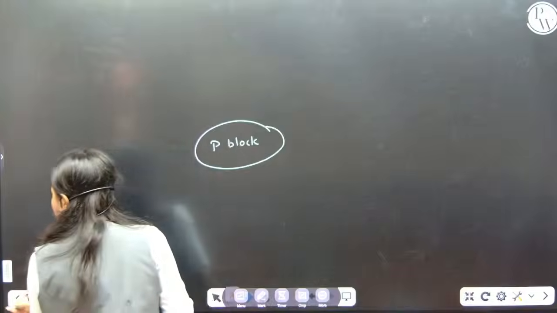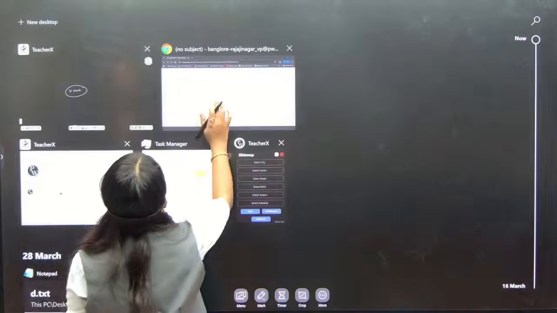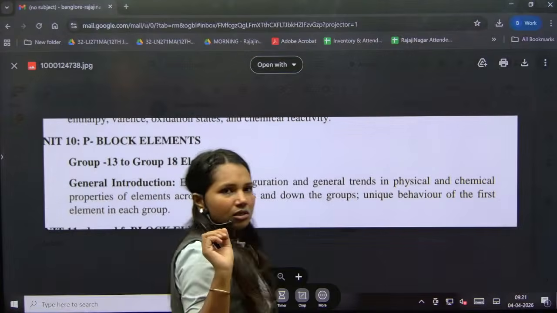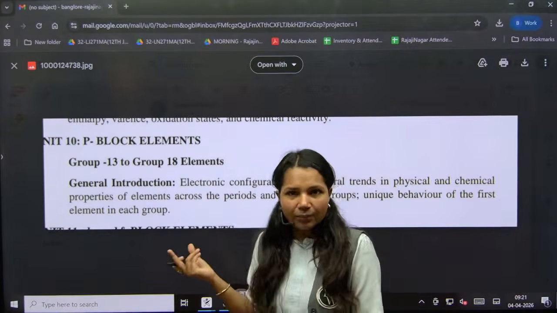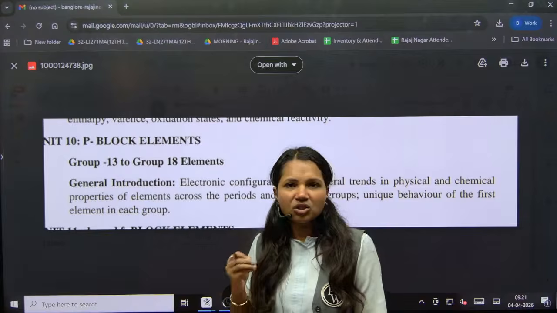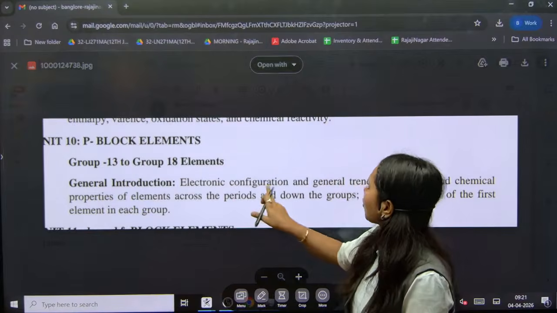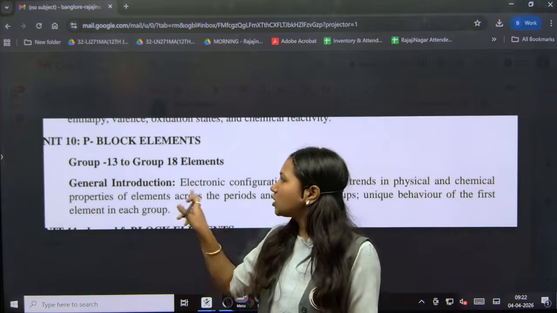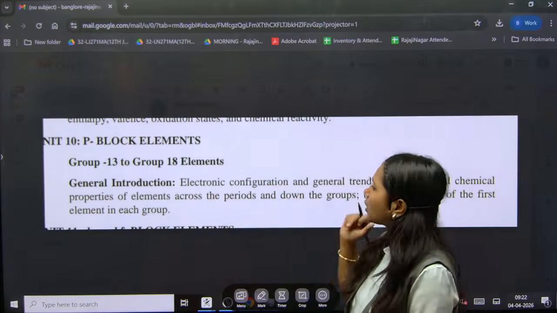So just have a look here. This is the portion. Let's understand the portion, then we can start the revision of this chapter. Electronic configuration and general trends in physical and chemical properties of the elements across the periods and down the groups.